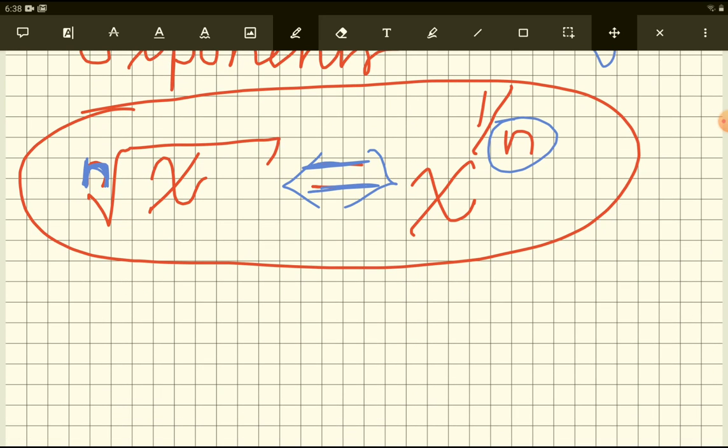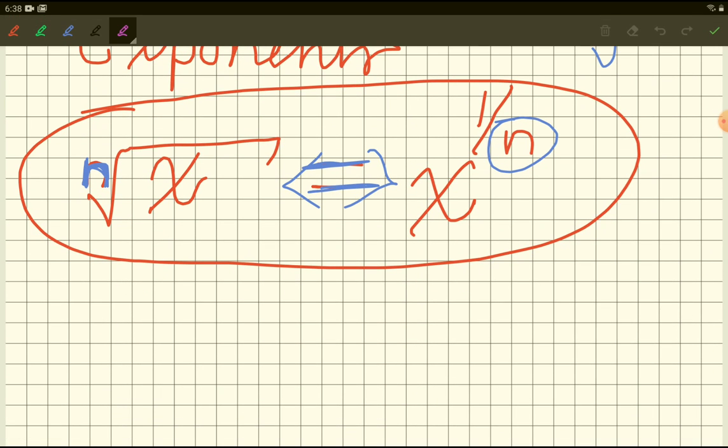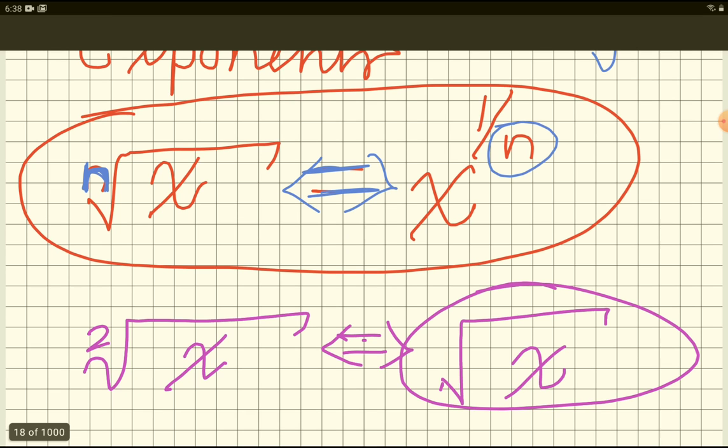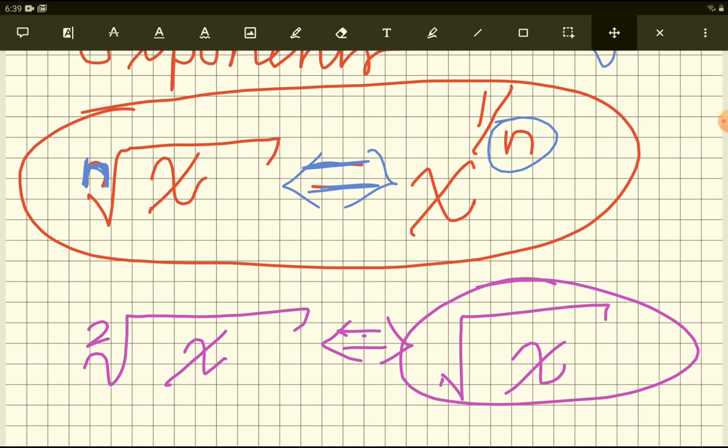Just so you have it written out, say you have this square root of x. Sometimes it'll be written just like this. This is how you see it most often, just a square root with no number here.